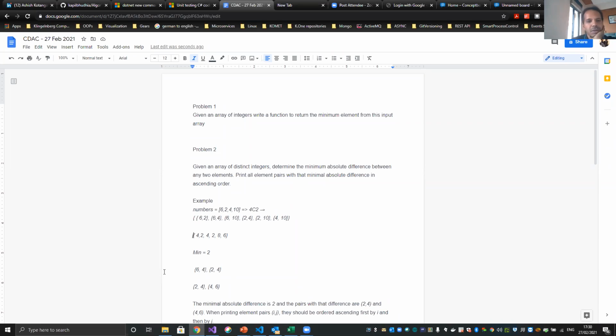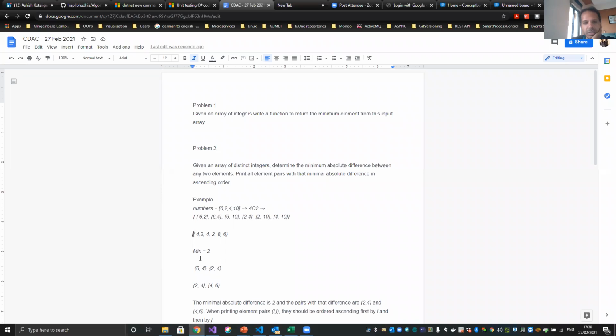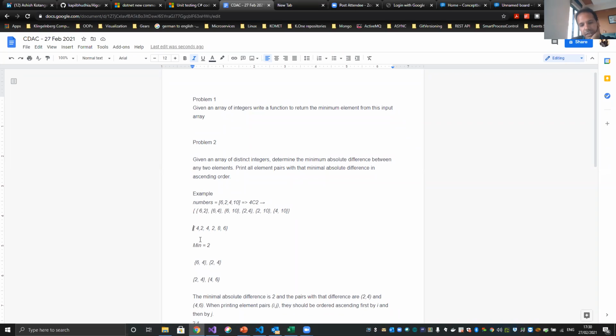And then we tried finding the minimum from that. Then we went back into this pairs list and found the pairs that were matching the minimum.